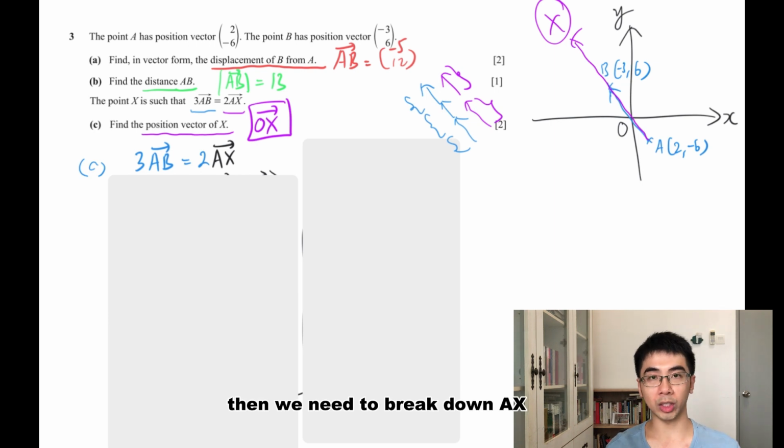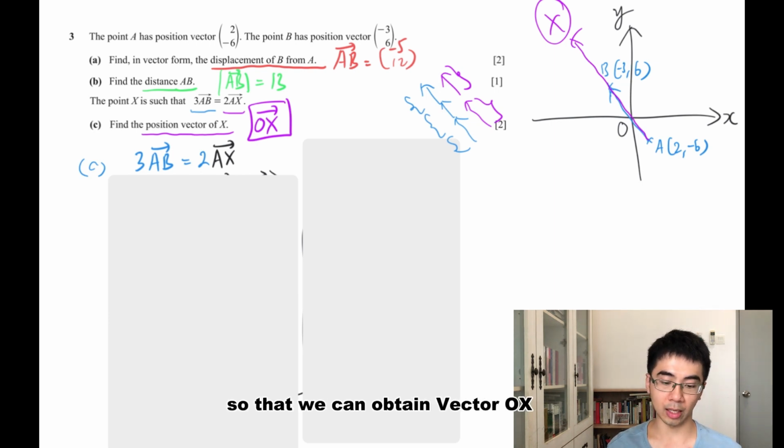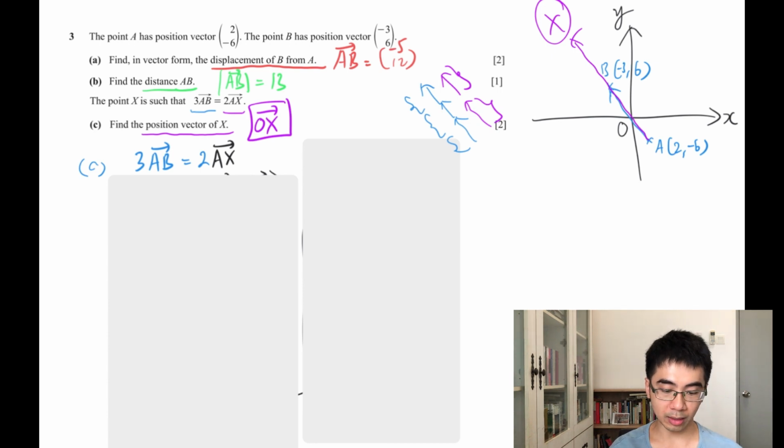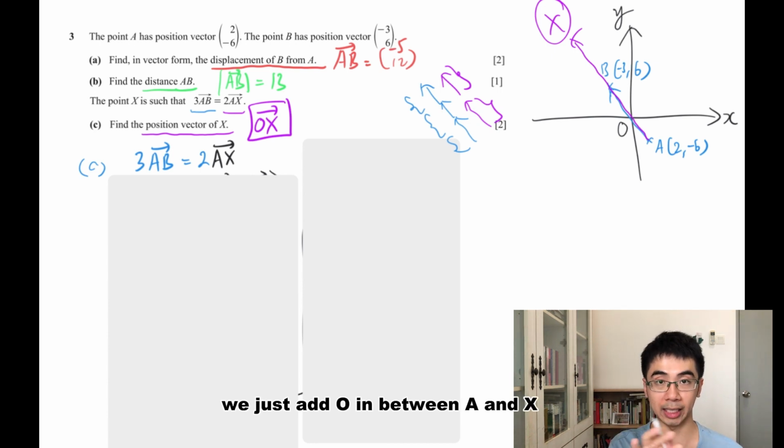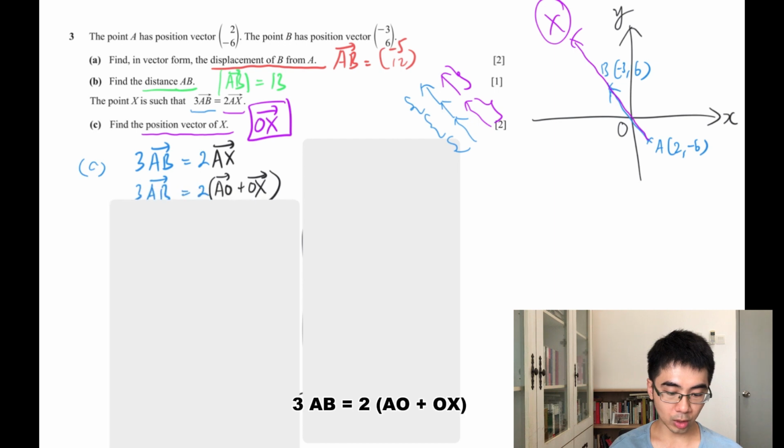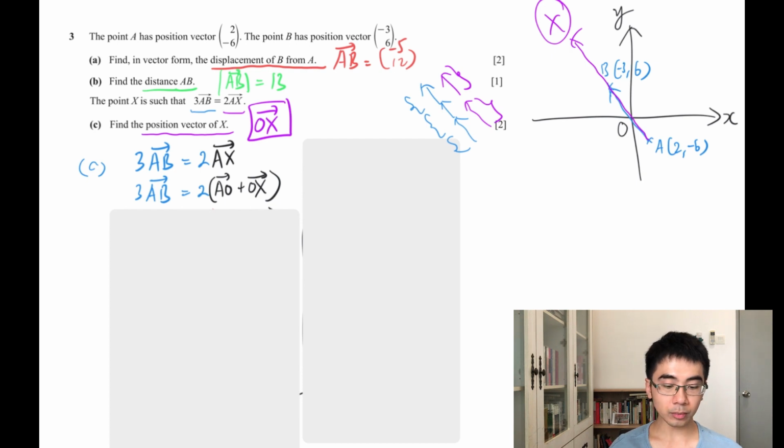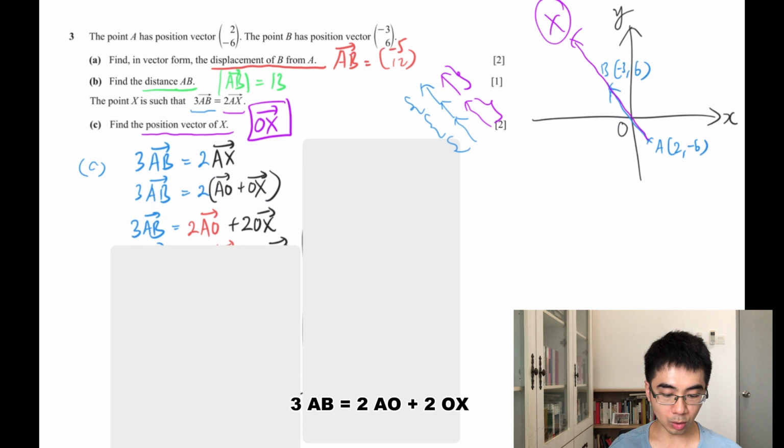Then we need to break down AX so that we can obtain the vector OX. We just add O in between A and X, so 3 times AB will be equal to 2 times bracket AO plus OX. Then we break the bracket: 3AB equals 2AO plus 2OX.